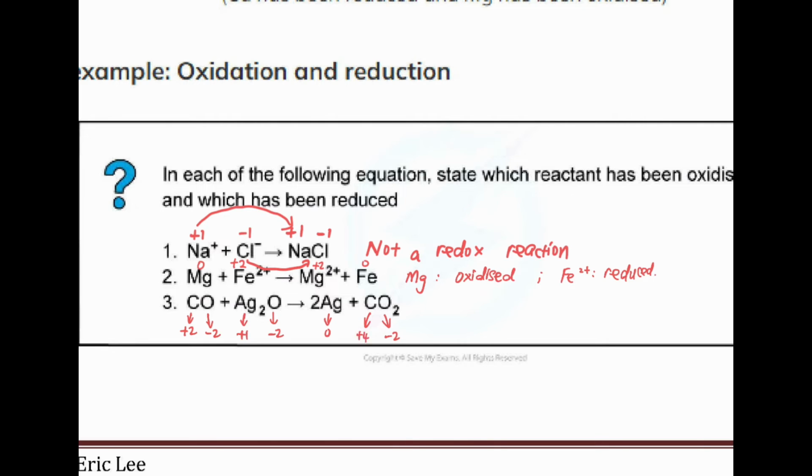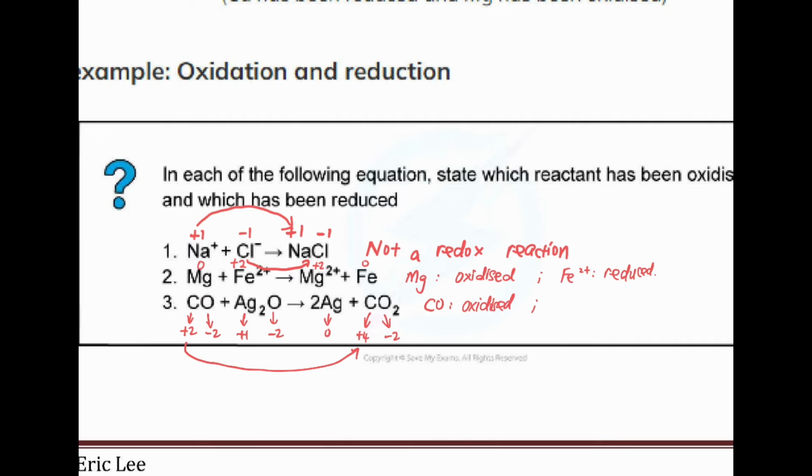This is positive 4. So we check one by one in that way. Then after that, we can determine which one is oxidized and which one is reduced. You can see this to this, there is an increase. So you don't just say carbon, you say the whole reactant. CO, carbon monoxide, is oxidized.